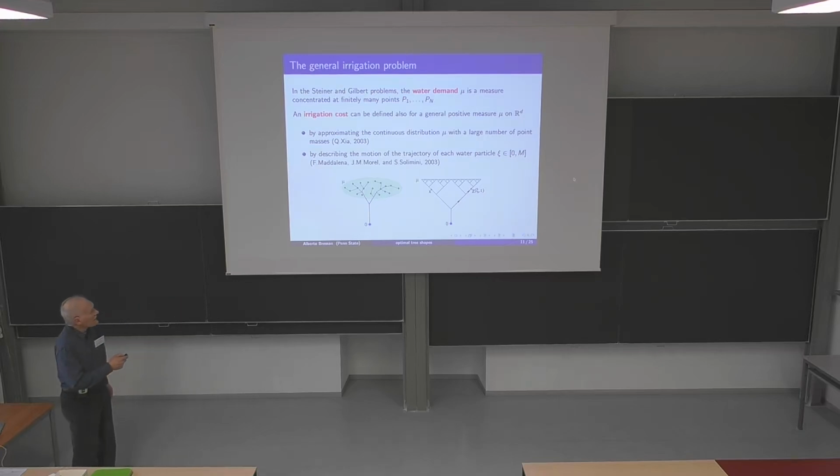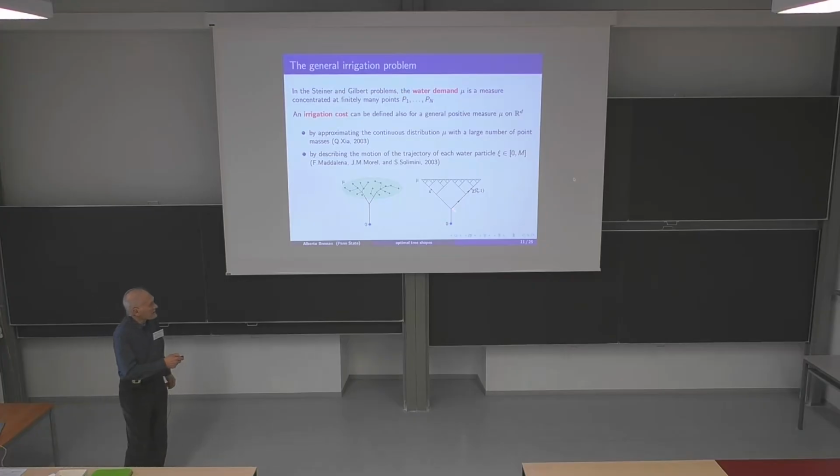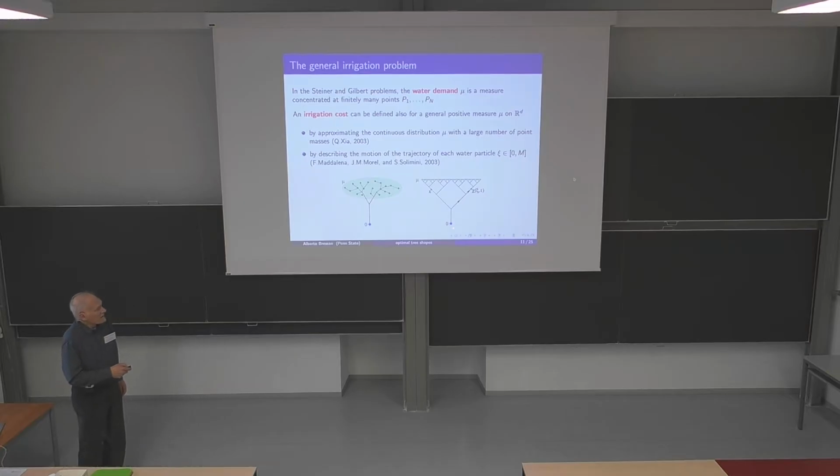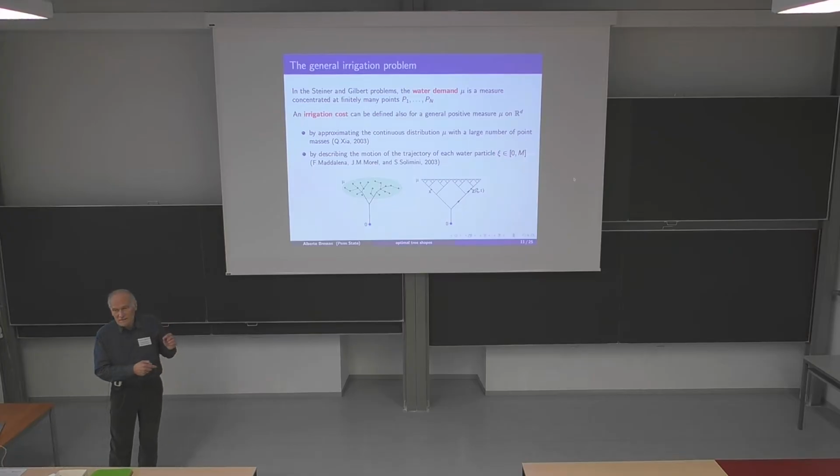Or another way is the Lagrangian point of view, initiated by Maddalena, Morel and Solimini, in which you look at every single particle, psi, and you try to describe the trajectory of each water particle as it moves, let's say, from the well to the final location.